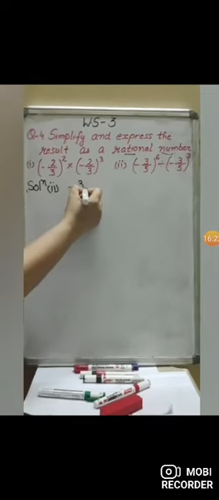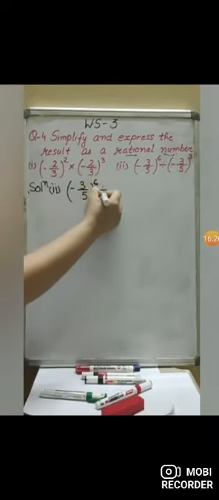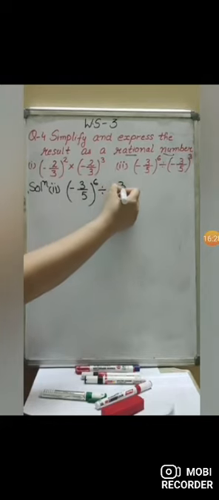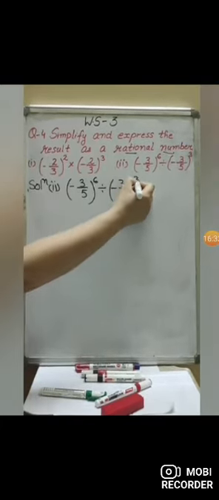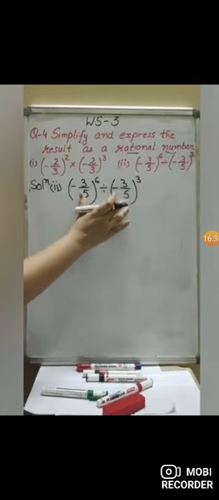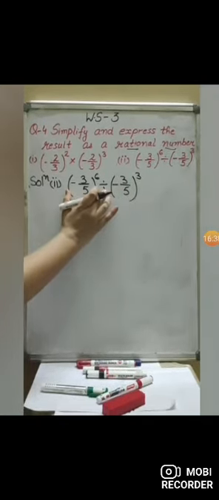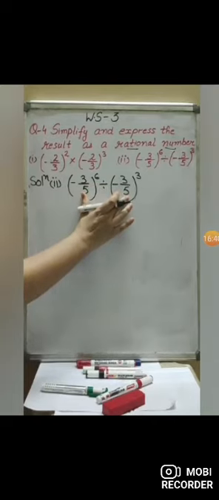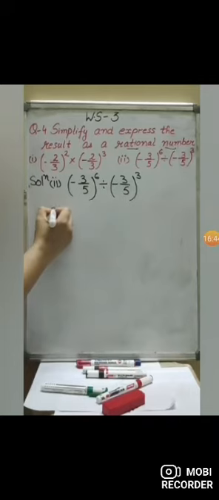It is (-3/5) whole raised to power 6 divided by (-3/5) whole raised to power 3. So beta, in this case bases are same in case of division. If bases are same in case of division, the power will subtract.